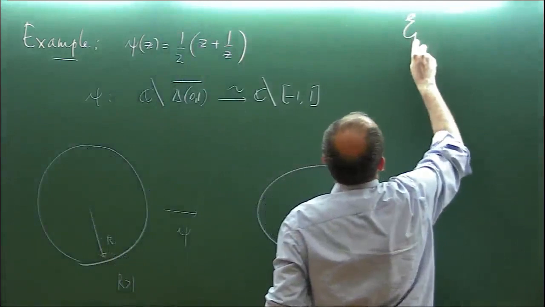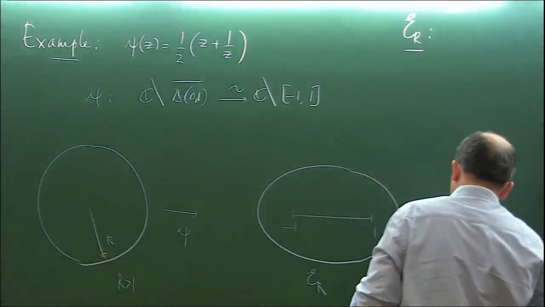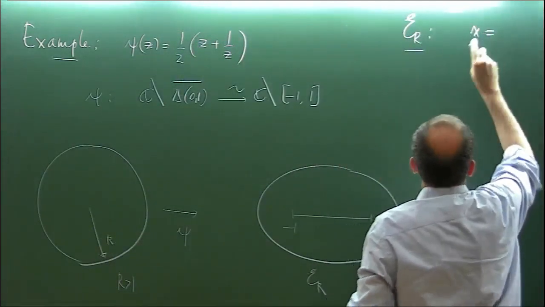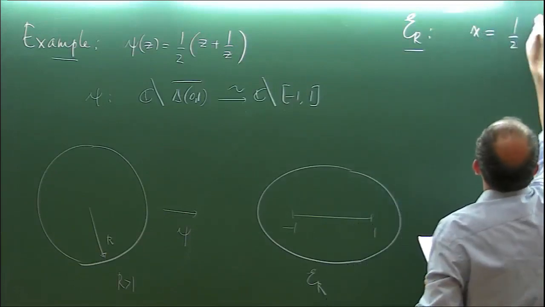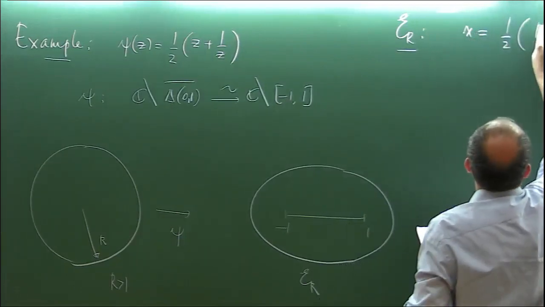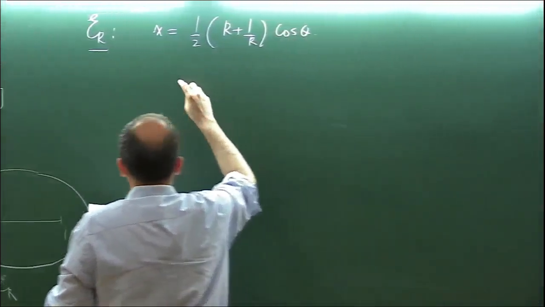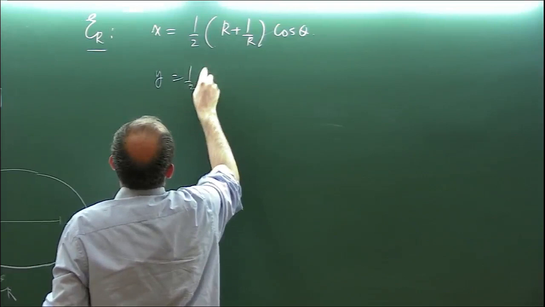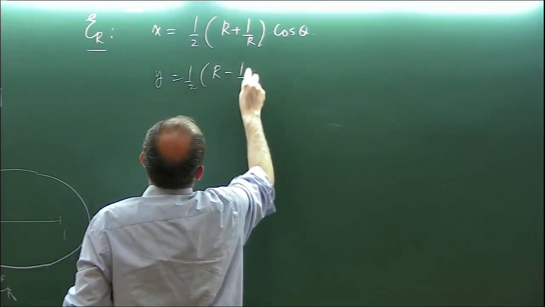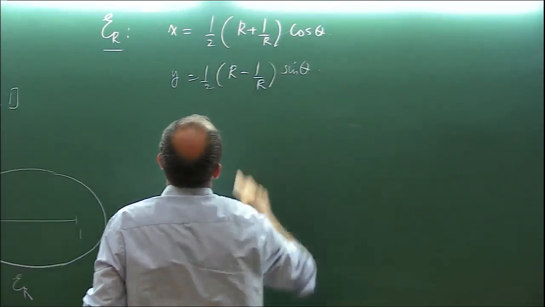So how do you describe the ellipse E_r? E_r is given by the set of points x equals half of (r plus 1 by r) cosine theta, and y equals half of (r minus 1 by r) sine theta.